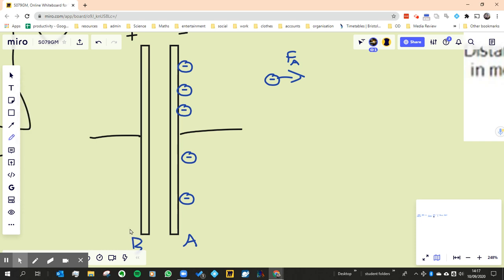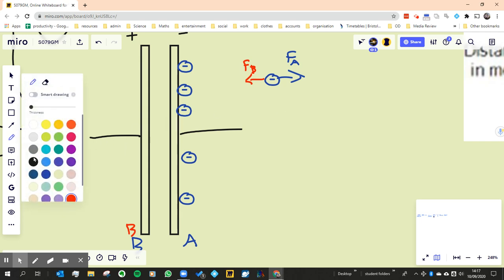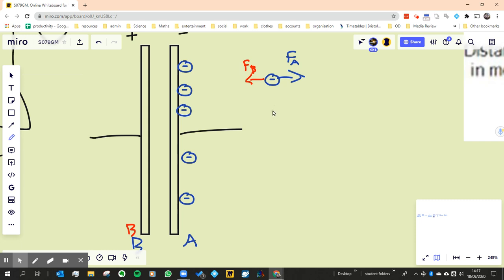So let's say that is plate B, and now we've got a slight attractive force of plate B. So the resultant force is obviously going to be overall smaller.